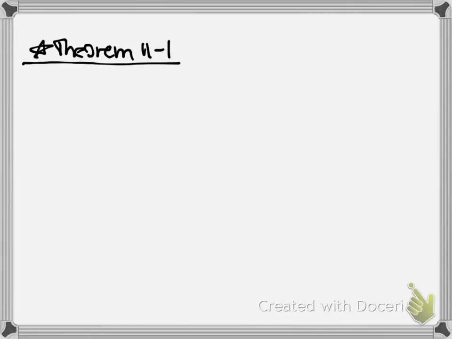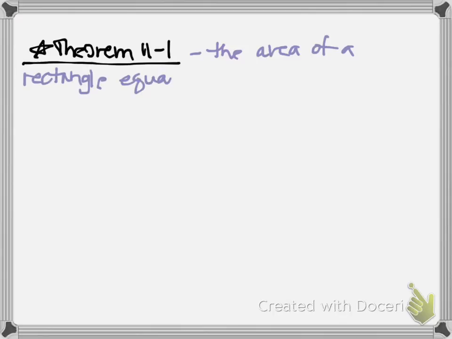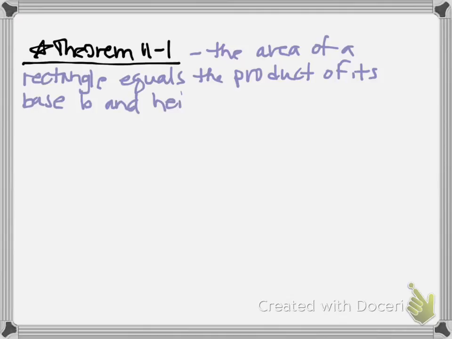Theorem 11.1 says the area of a rectangle equals the product of its base B and height H. And then it says in parentheses A equals BH.